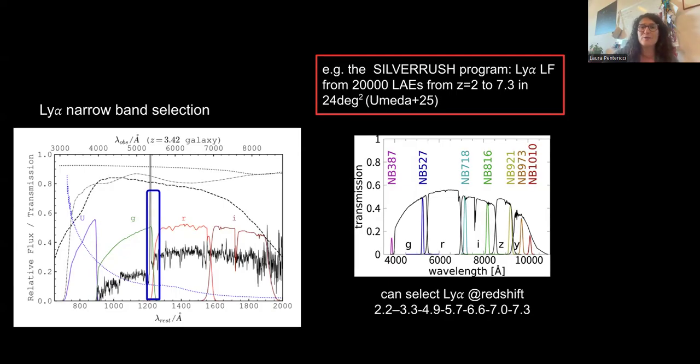They have observed a large area in the sky, and they have all these narrowband filters that you see in this figure here at different wavelengths to select Lyman alpha emitters in some very narrow redshift bins. So, for example, 7.3 will be the very reddest filter you see here, which is called narrowband 1010, okay? And so they have selected lots of Lyman alpha emitters in this very large area.